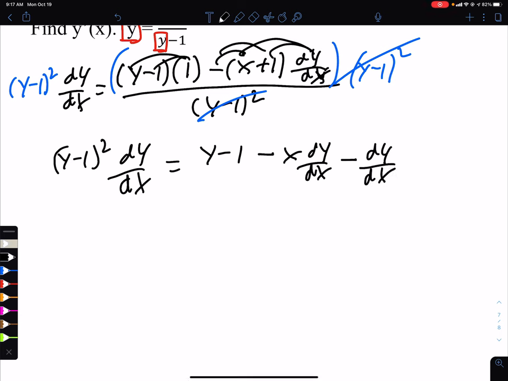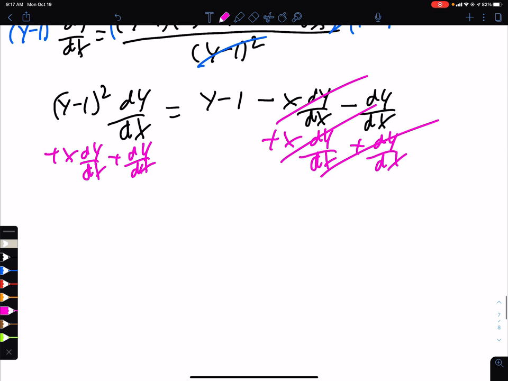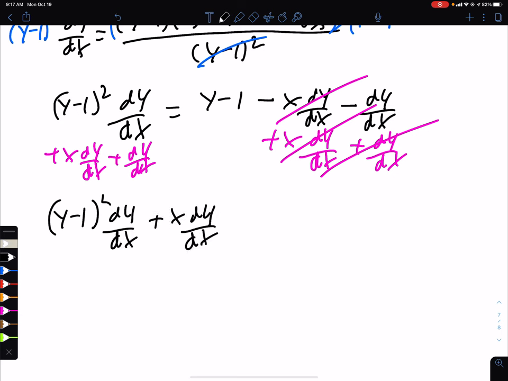We are getting close. So both sides, I'm going to add x dy/dx, and I'm going to add dy/dx to both sides, plus x dy/dx plus dy/dx. And the dy/dx's will be gone from that side. And on the left side, I'm going to have (y minus 1) squared dy/dx plus x dy/dx plus dy/dx. On the right side, y minus 1, everything else is gone.